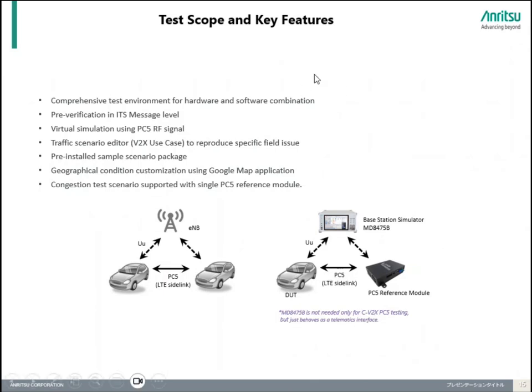So this DUT that I'm showing here, the car, is basically the CV2X module or system that you are developing. And the second vehicle or the third vehicle, the other vehicles on the road, are simulated by a reference module which supports PC5 communication, right? This is how we try to simulate the other vehicles on the road coming from different directions.